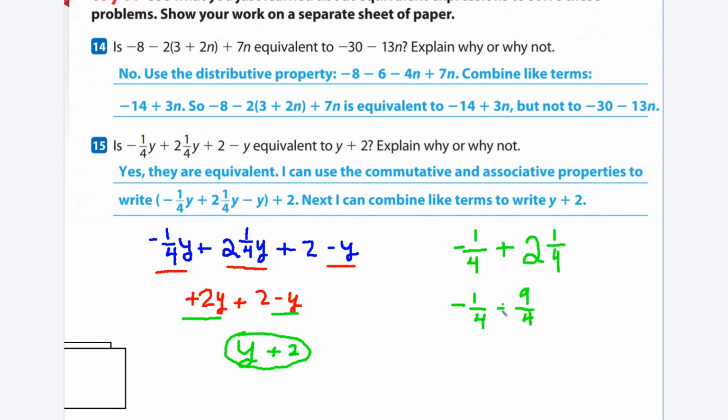Right? There we go. Now we have like terms. Negative 1 plus 9 is 8 over 4, which gives me 2. So there's a small example of how we take negative 1/4 plus 2 1/4 to make it 2. Hope this helps.